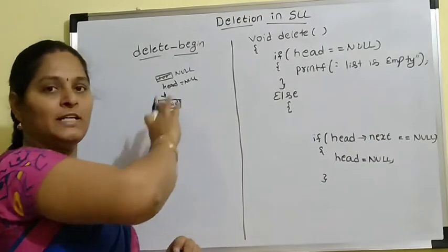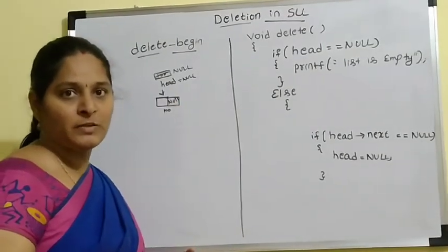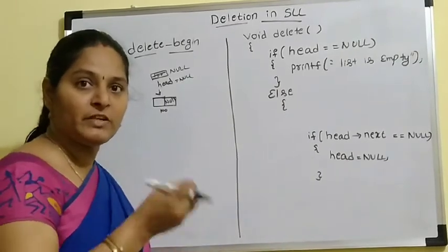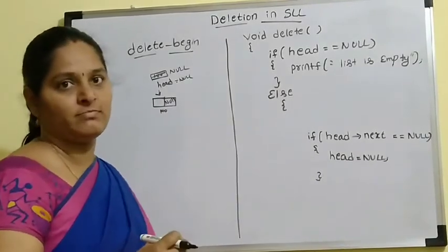Simply placing null will not release the memory from that node. You have to release it by using the free function.